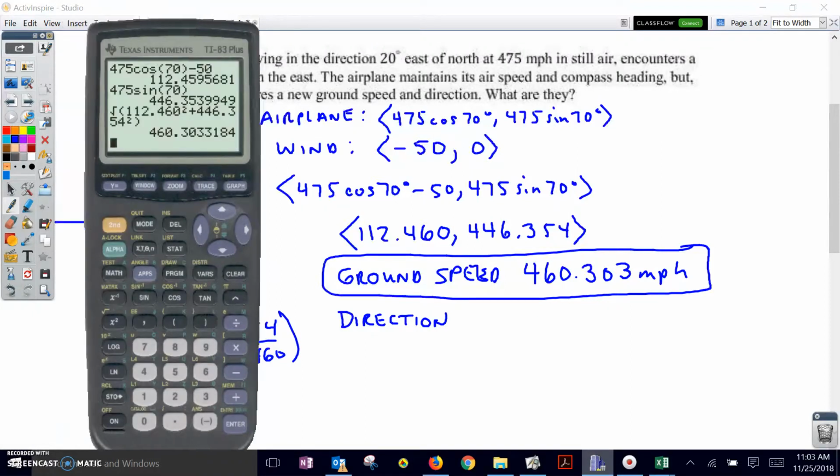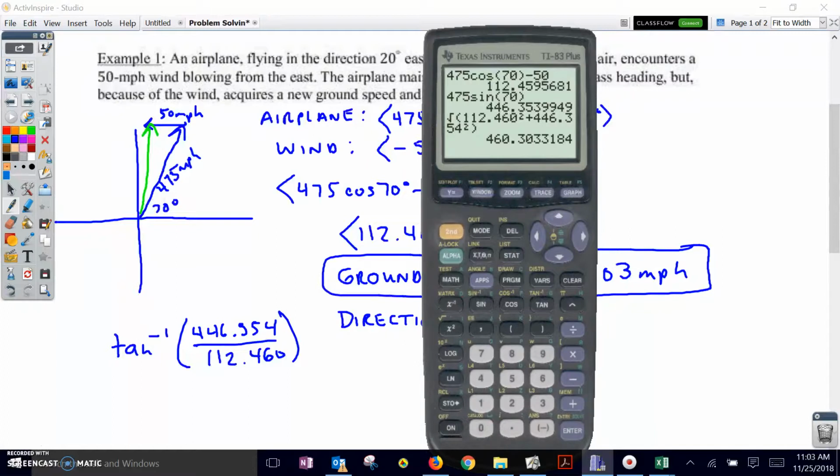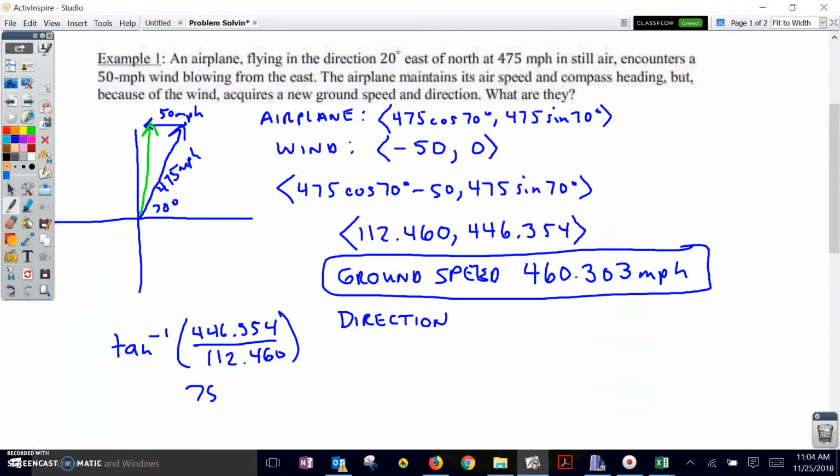So I'm going to take the arctangent of 446.354 divided by 112.460, and that tells us that the angle is 75.859 degrees, which is 14.141 degrees east of north.